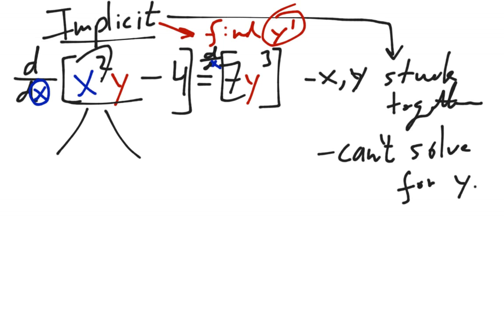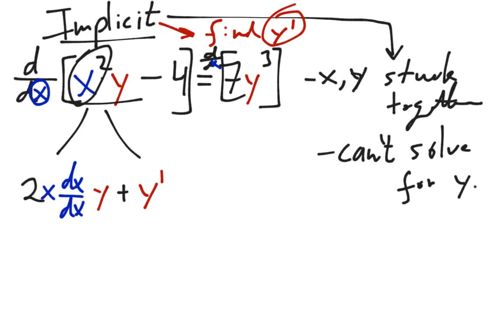Well, f prime is going to be the derivative of x squared, which is 2x, and don't forget, dx/dx, it's got to be there. So that's your f prime. g is just y, and then plus g prime f. So f prime g plus g prime, and g prime here is going to be dy/dx, or I encourage you to just skip the dy/dx part and just write y prime.